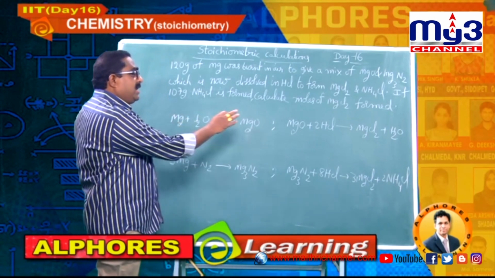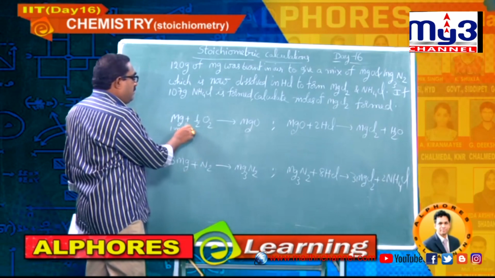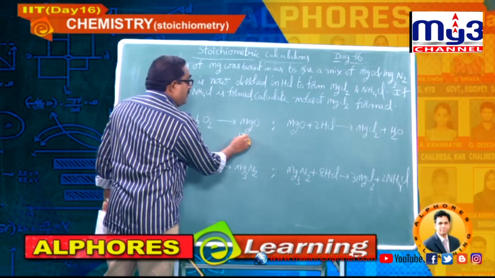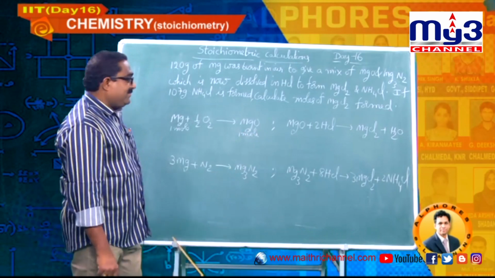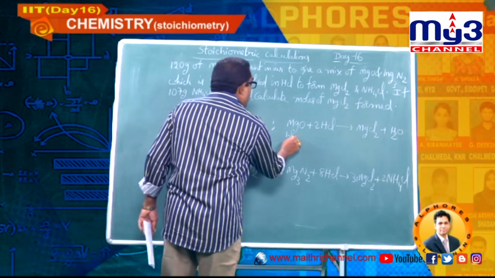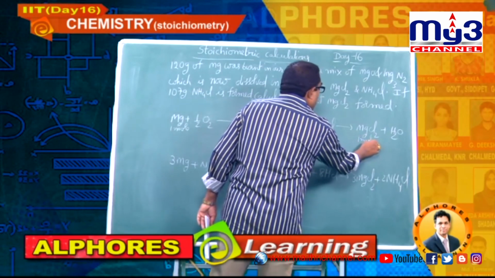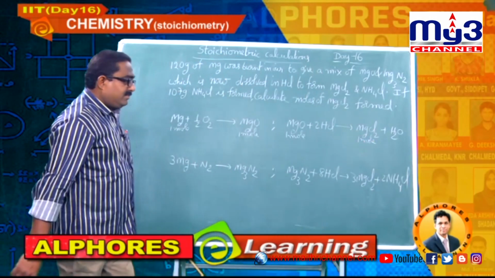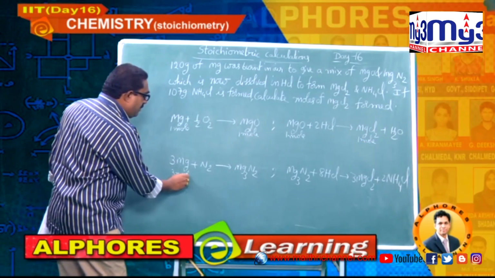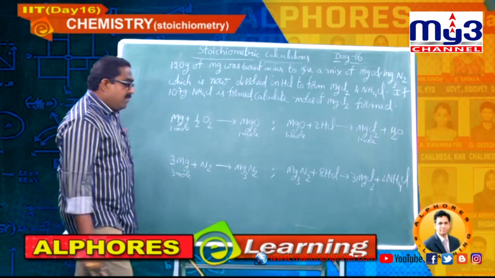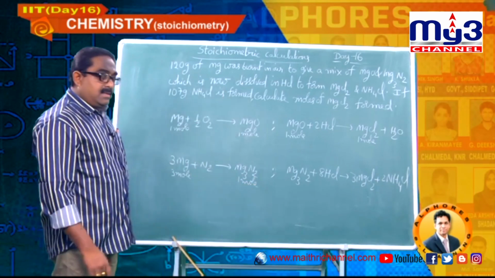And first of all, let me write down the moles. 1 mole of magnesium forms 1 mole of magnesium oxide. The same 1 mole of magnesium oxide dissolved in HCl forms 1 mole of magnesium chloride. Here 3 moles of magnesium combine with 1 mole of nitrogen to form 1 mole of magnesium nitride.